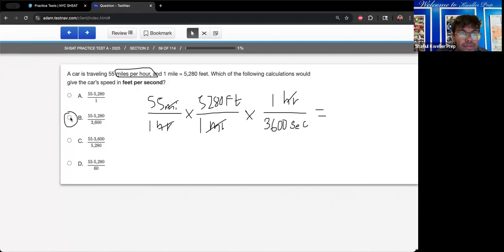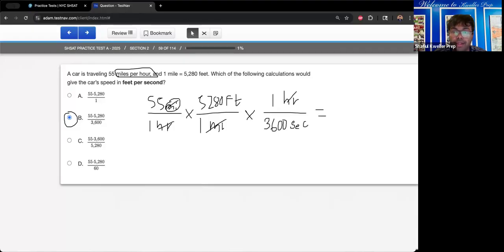How do I choose that? Okay, does anyone have any questions? Someone said, how do you choose which goes on the top, which goes on the bottom? Since miles is here, the original ratio is 55 miles over hour. If I'm converting from miles to feet, miles would go in the opposite space. So here it's in the numerator, so it would go in the denominator. Why?